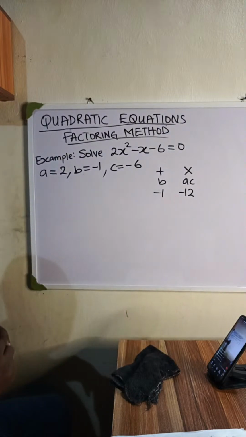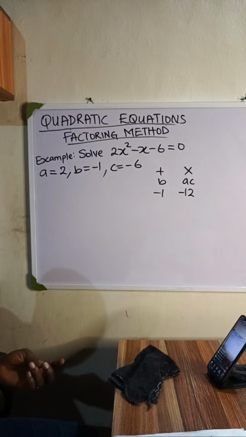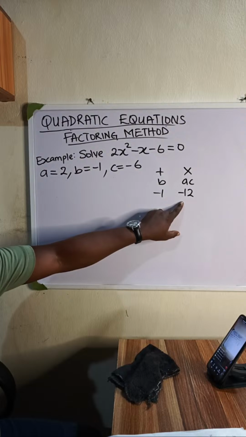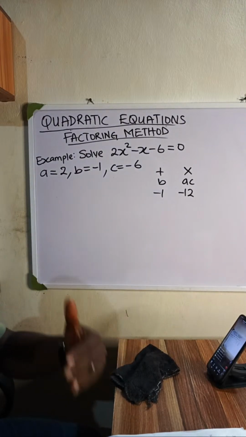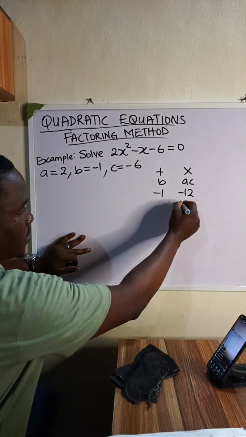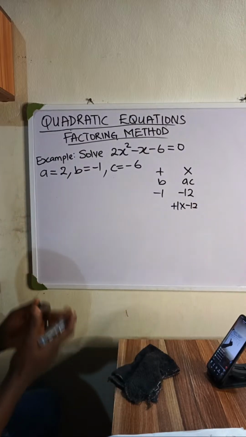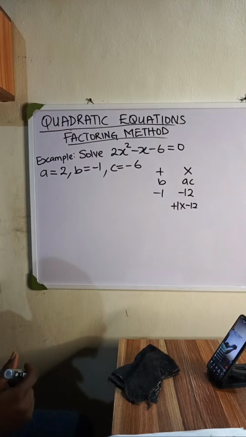Now we are looking for two numbers that will multiply to give us minus 12. Always start with 1, so that it will help you to move from one level to another. We have plus 1 times minus 12, which gives minus 12.